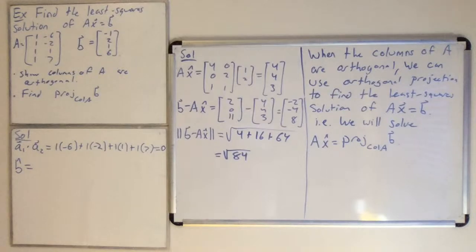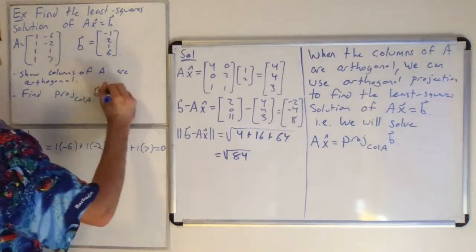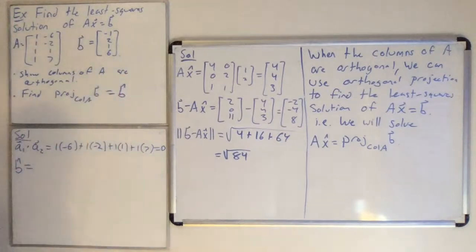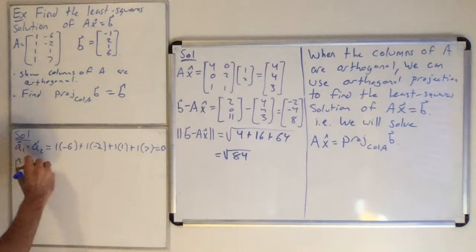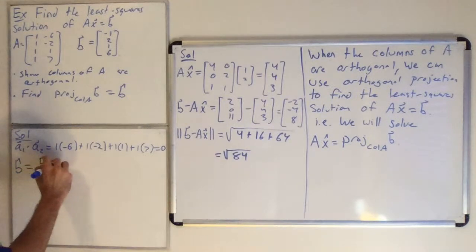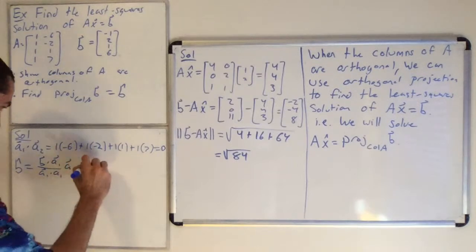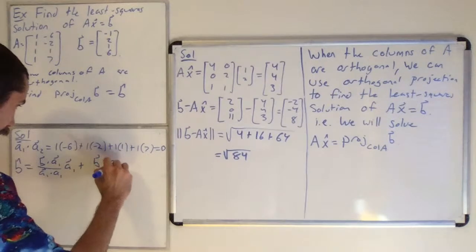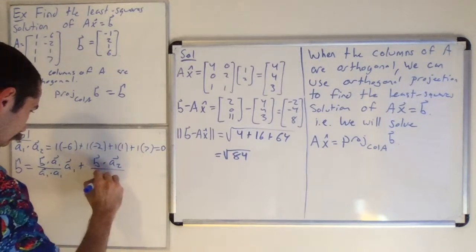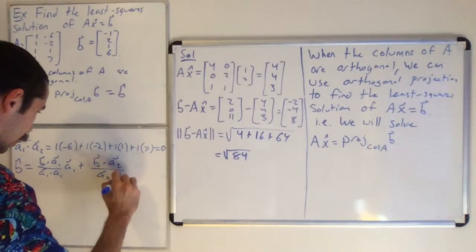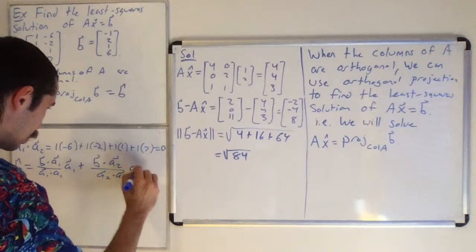The projection, we'll call this B hat just for the sake of space. The projection onto the column space of A is B dot A1 over A1 dot A1 times A1 plus B dot A2 over A2 dot A2 times A2.